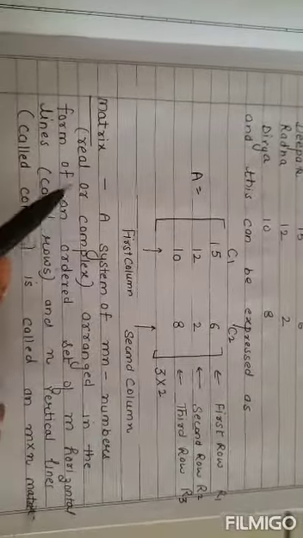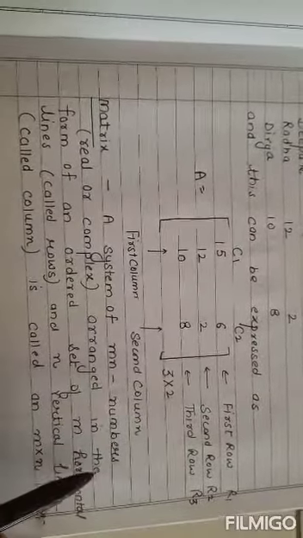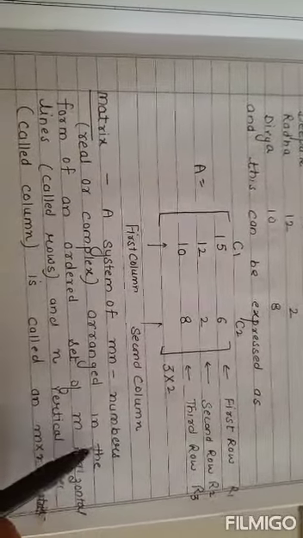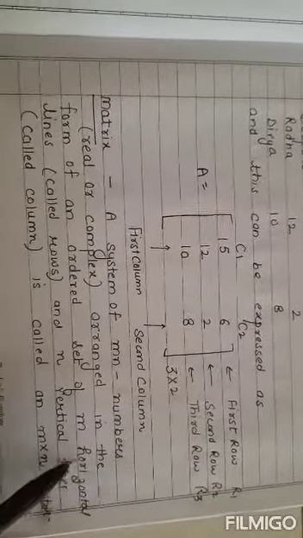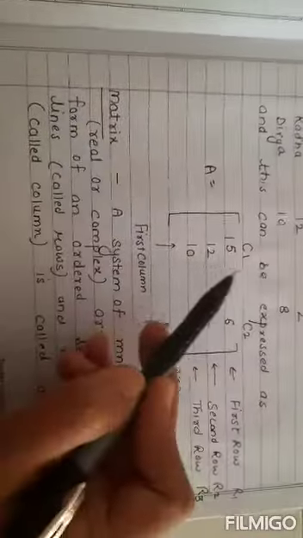Now the numbers can be real or complex, arranged in the form of an ordered set of m horizontal lines. Like here we have taken 3 horizontal lines. These horizontal lines are called the rows, and n vertical lines, and in this example we have taken 2 vertical lines.